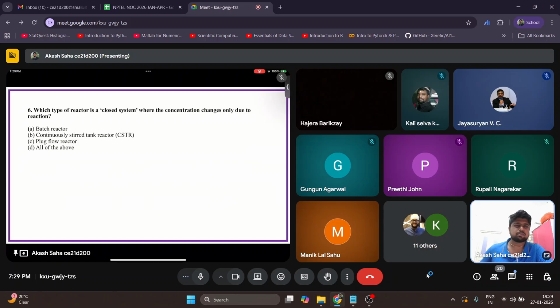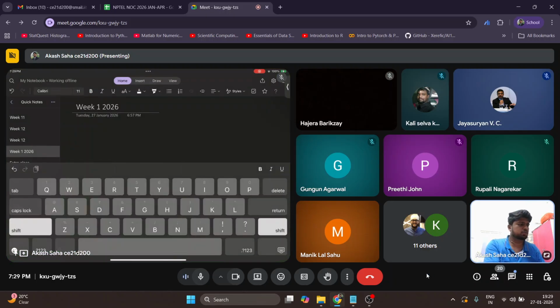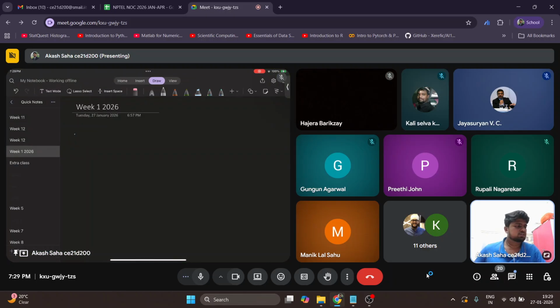But for the basics, you should know this. Let me give some information regarding this because I think most of the people are going wrong in this. Suppose we have a reactor here and we have some stirrer inside.